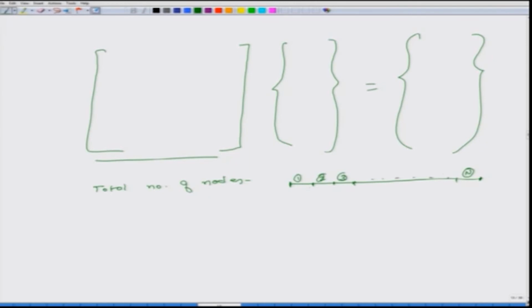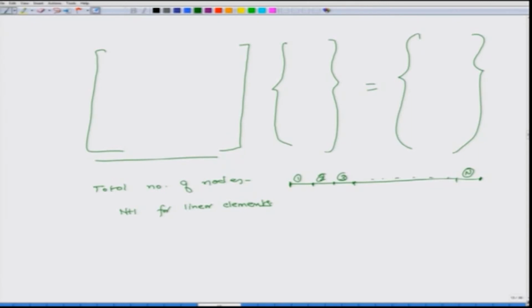So how many nodes? It will be n plus 1, right? So the total number of nodes will be n plus 1 for linear elements. So the size of the matrix will be n plus 1 by n plus 1.